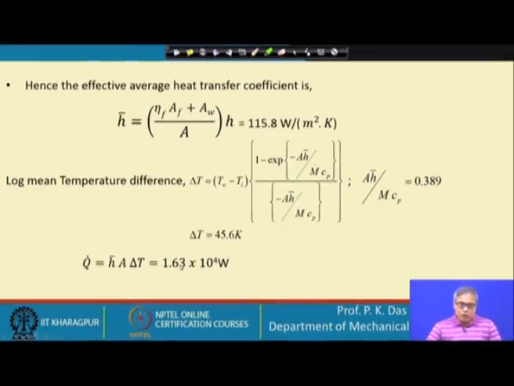Basically, we have calculated a few areas. From there we have also calculated the Reynolds number and the heat transfer coefficient, and using those values we have calculated the total rate of heat transfer.